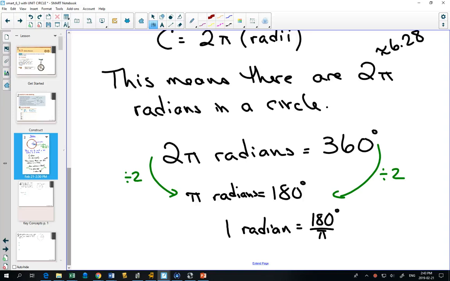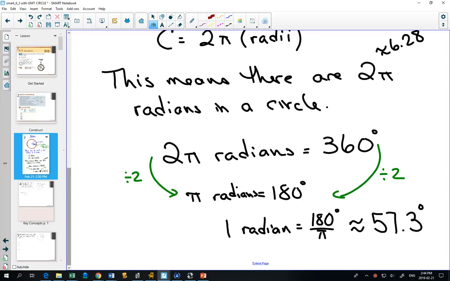Take out your calculator and give me 1 decimal place. What is 180 divided by pi? 57.3 degrees. So 1 radian is approximately 57.3 degrees.